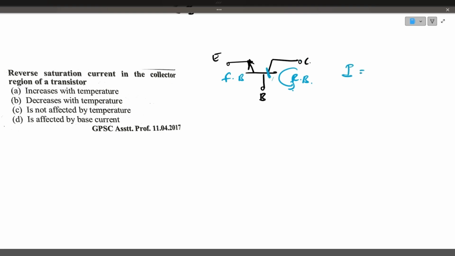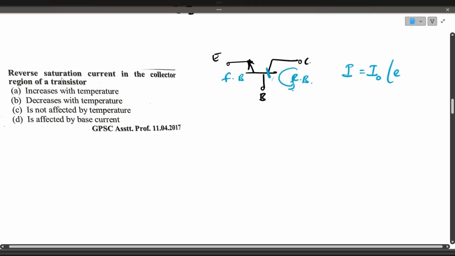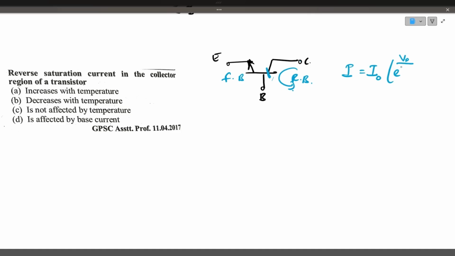So the current will be I naught e to the power of Vd, the junction voltage, divided by eta Vt, minus 1. Here Vt is a thermal equivalent voltage, which is directly proportional to temperature. So the reverse saturation current I naught is directly proportional to temperature. So the reverse saturation current in a collector region increases with temperature.